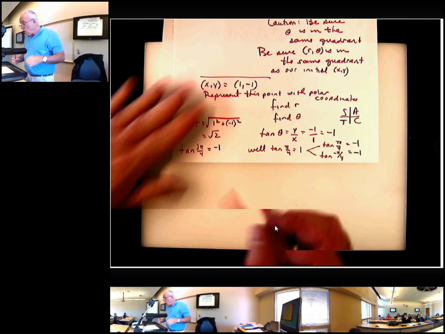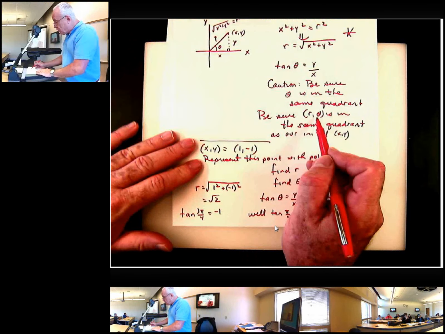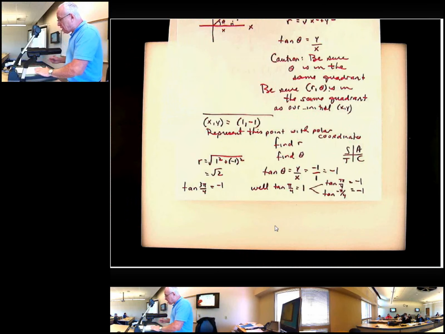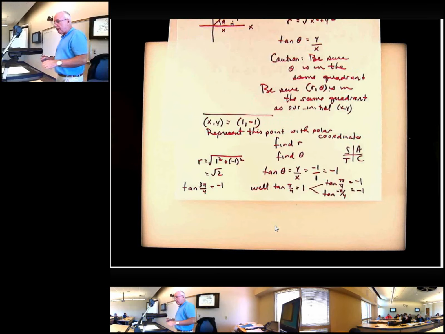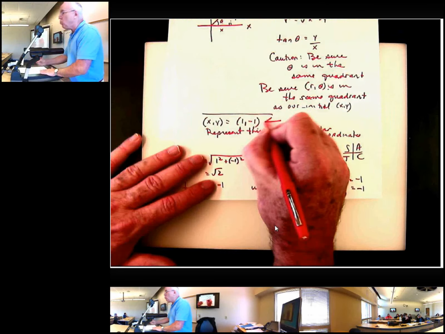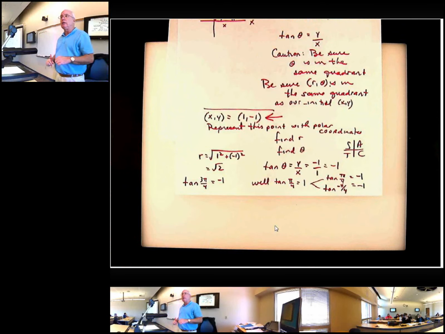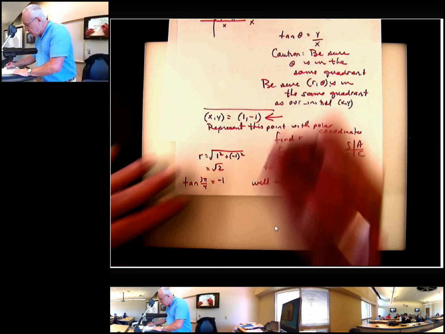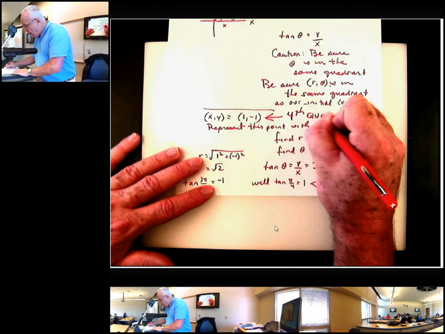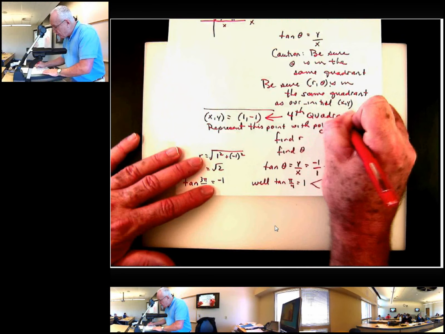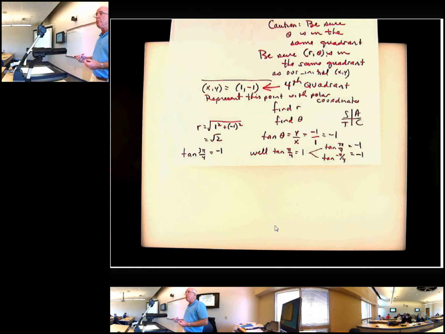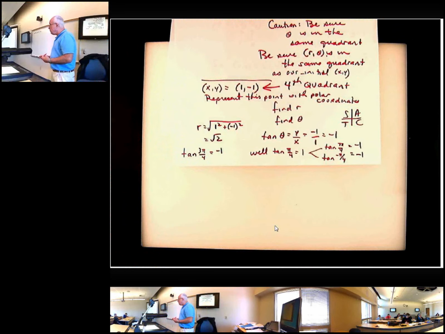However, we have to make sure that our point is in the same quadrant as our initial xy. Well, what quadrant is 1 comma minus 1 in? It's in the fourth quadrant. So the r theta that we come up with has to be in the fourth quadrant, all right? Not in the second quadrant.